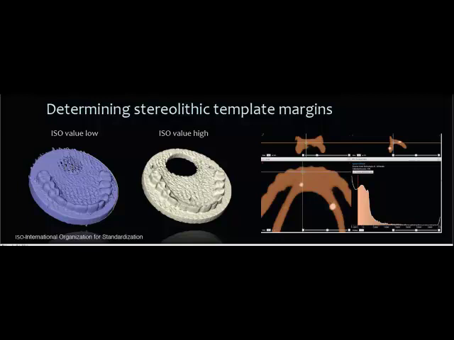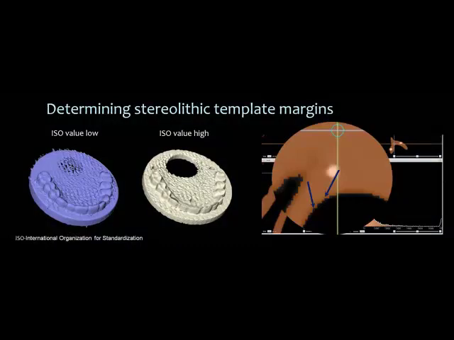The image to your left here shows a low ISO value. That's when we have too much information. When we have a high ISO value, we don't have enough information, so the surface of our stereolithic template will be off. If we look closely here at the margin of the acrylic, we're not really sure where it actually ends. So it's critical that we be able to identify that margin.